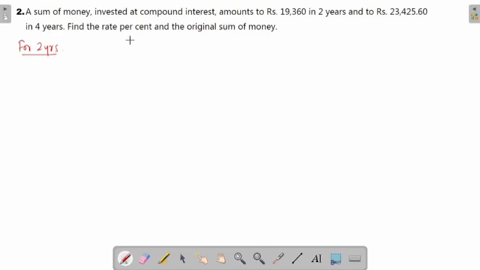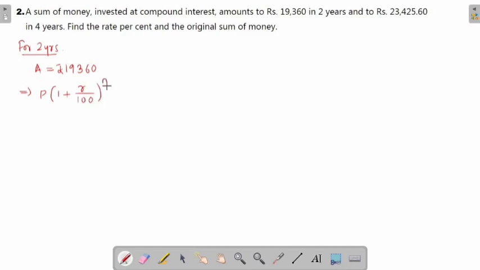For 2 years, first let's write what the amount is. The amount is given to be 19,360. The formula for the amount is P into 1 plus R by 100 whole to the power n, right?